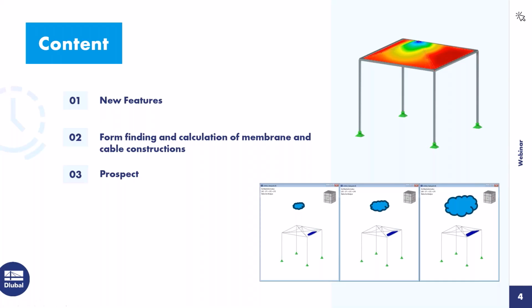It's not mainly for the design in this webinar, it's just about how to get used to our add-on, because I think that maybe there is not such a big knowledge as there already is for RFEM 5, but you will find most of the functions and even more functions also in RFEM 6 in our add-on form finding. Last but not least, I will finish my presentation with a prospect of what is planned, and then I will hand back to Andreas.